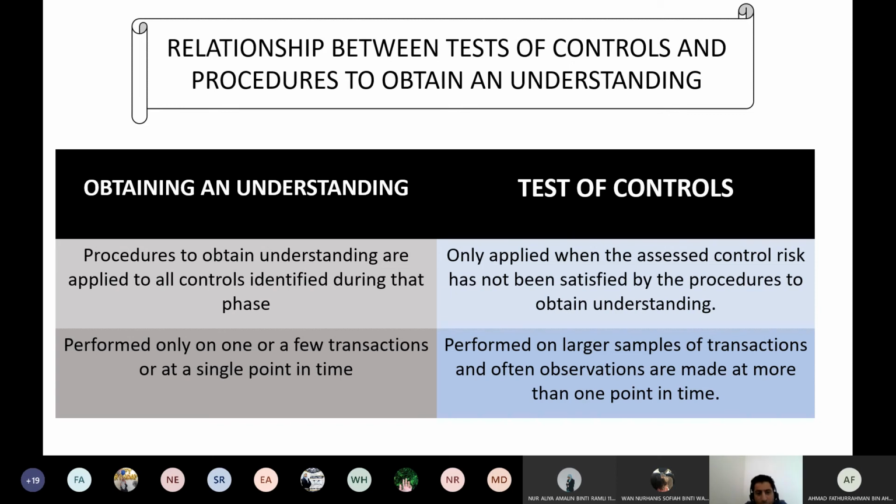Next, understanding is performed only on one or a few transactions or at a single point in time, normally in the beginning of the engagement. For the test of control, it is performed on larger samples of transactions, and observations are made at more than one point in time, multiple times.